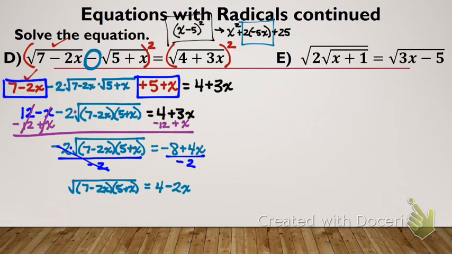Square both sides again. Now I'm totally getting rid of all of my square roots, all of my radicals. So I have 7 minus 2x times 5 plus x is equal to, we have another binomial to square.